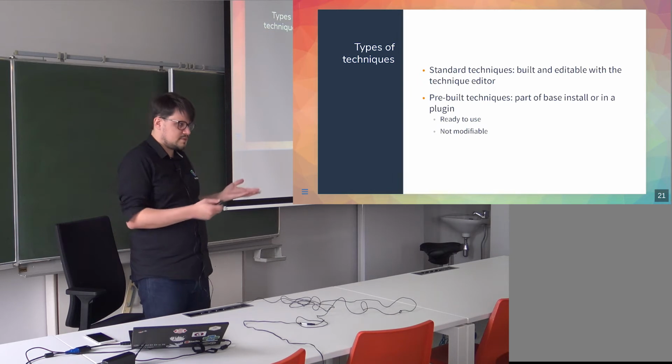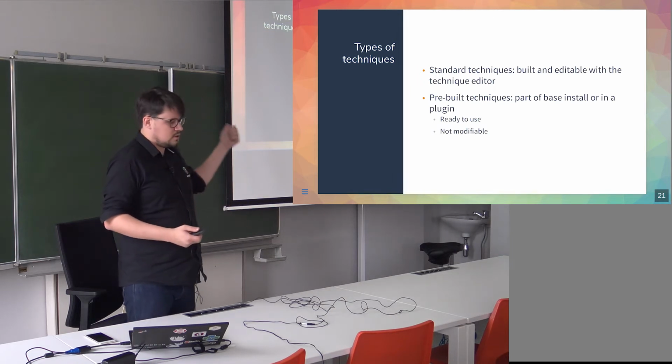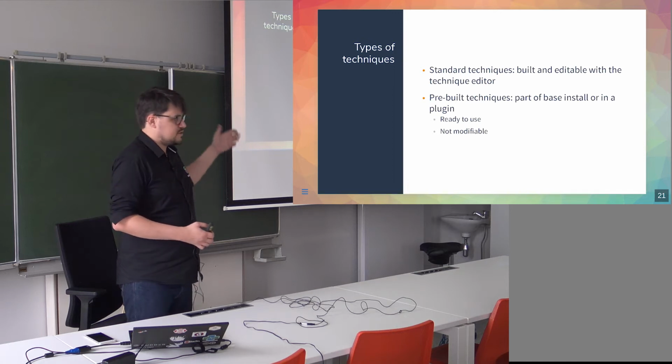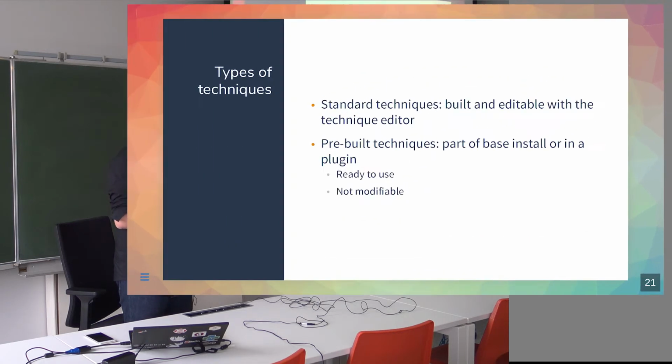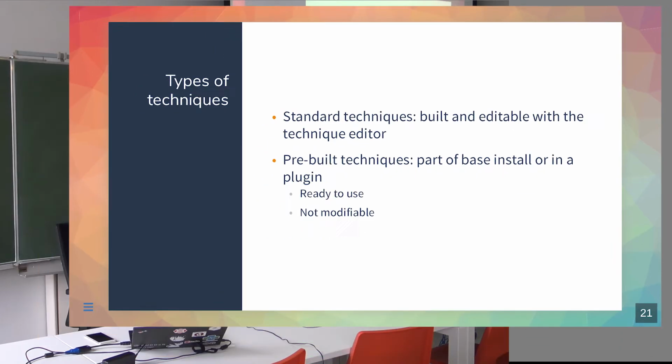So we have two types of techniques. We have standard techniques that you will build using either the web interface or directly writing code, or we have pre-built techniques that are part of the base install of Rudder or installed through a plugin that are ready to use, but are not modifiable locally on the server.